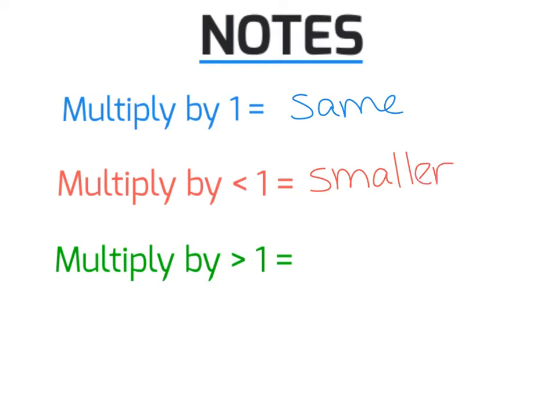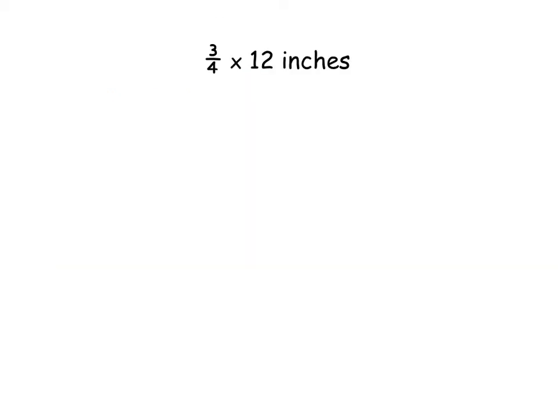And if I multiply by a number that's greater than 1, my answer should be larger. So make sure you wrote these notes in the bottom right-hand box, please. This is going to tell us if our answer is reasonable or not, or if I need to redo my work and make sure I'm getting the correct answer.